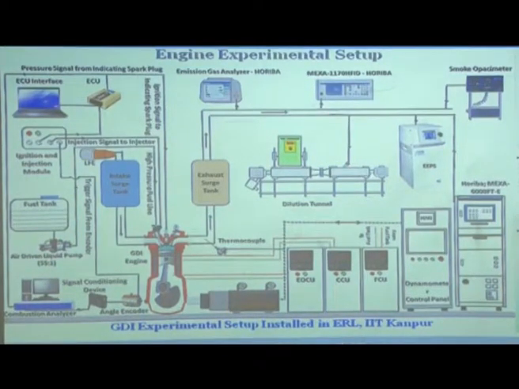Then we draw a sample, put into a partial dilution tunnel. So, in the partial dilution tunnel, you basically collect the particulate on a filter paper and then you can do a lot of analysis. You can do scanning electron microscopy, you can do elemental analysis, how much is organic carbon, elemental carbon, how much is trace metal in the particulate. We do hair splitting of particulate, we do absolutely phenomenal analysis of particulates in our lab.